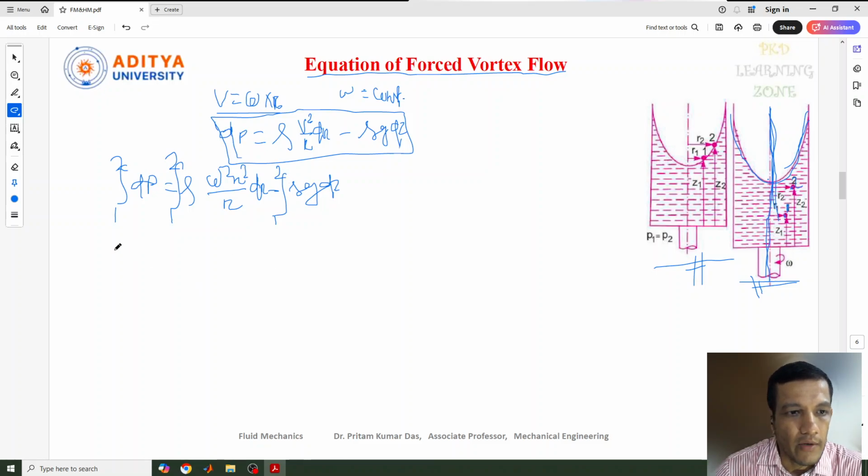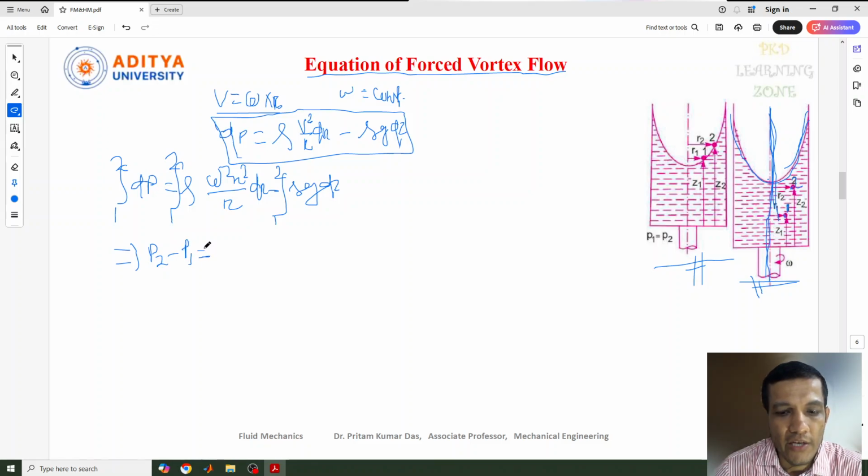The integration of dP gives P, with limits 1 to 2: upper limit minus lower limit.